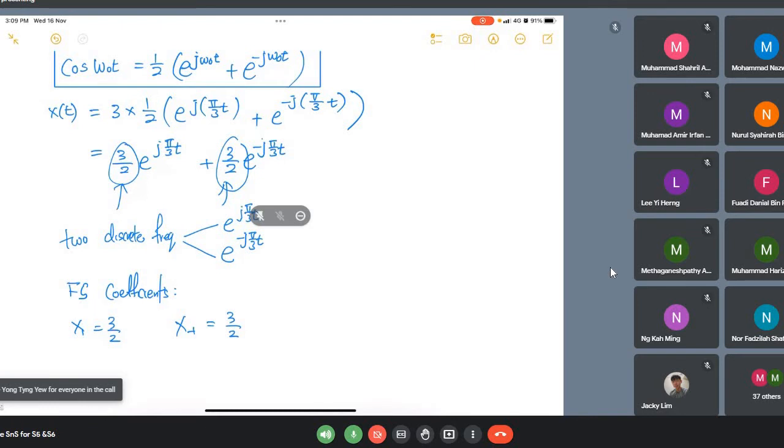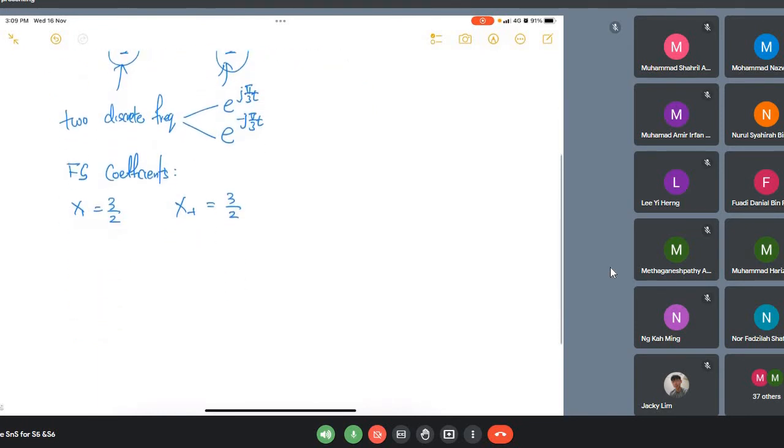Both are real values, so we can plot the magnitude only. In the magnitude plot only, no need to plot the phase, as the phase angles are 0.